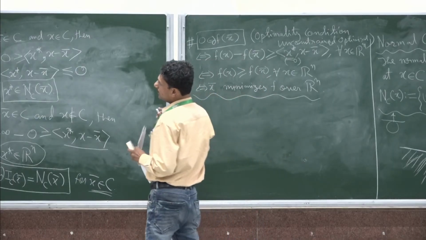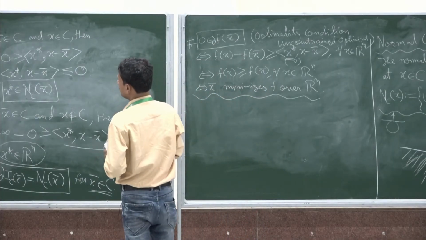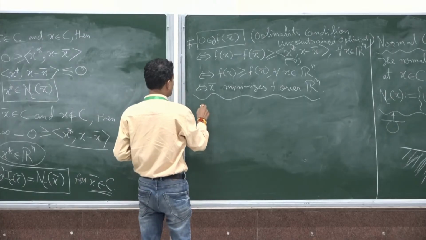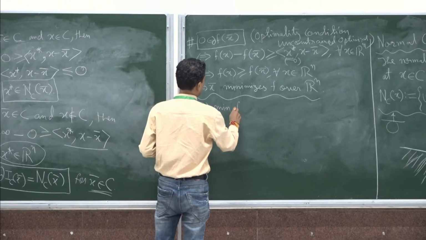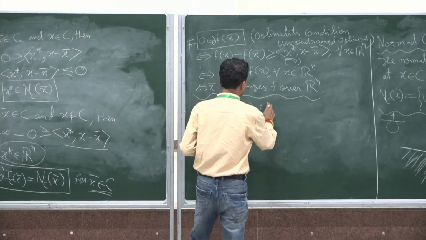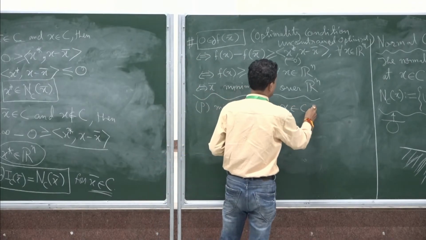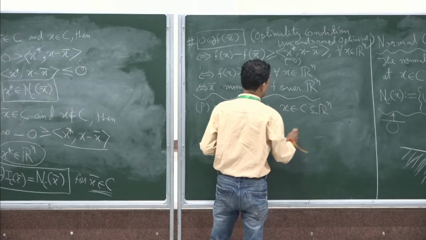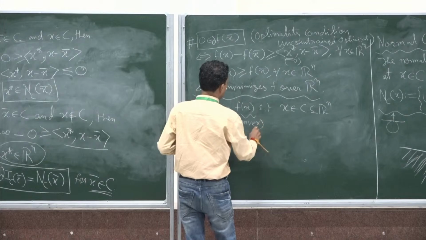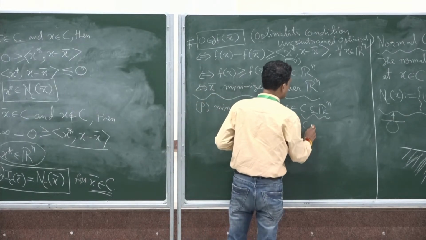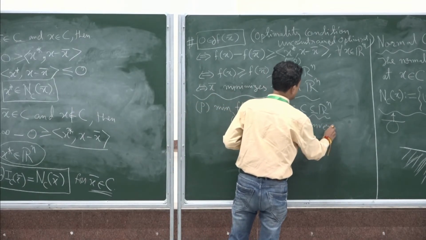Now we are dealing with the problem of minimizing f of x subject to x belongs to C, which is a subset of Rn, and this f is convex. So it is a convex optimization problem, and this set C is also convex, right?